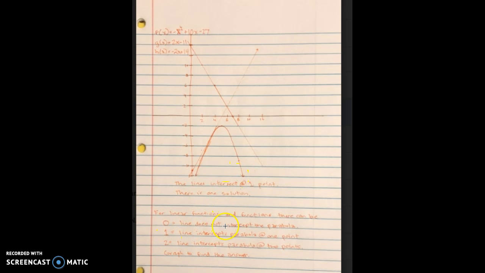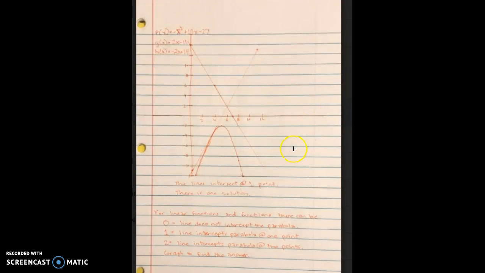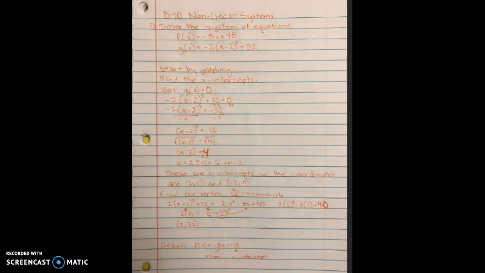If there's one solution, that's because the parabola and the line intersect at only one point. They both go through the same point, and that is the only place that they intersect. And another possibility is that there's two solutions, and that's because the line goes through the parabola like it does here, boom, and it's going to give you two solutions. So that's basically it. That's how you're going to use graphs to solve nonlinear systems.